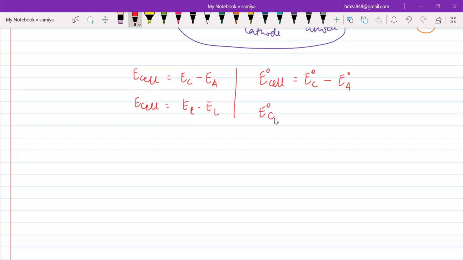And E naught cell can also be written as E naught right minus E naught left. It is important to note that this naught is for a standard condition and the left one is not for a standard condition.